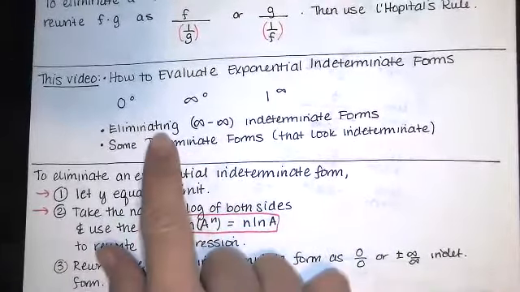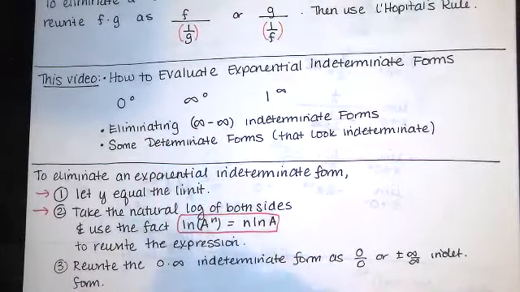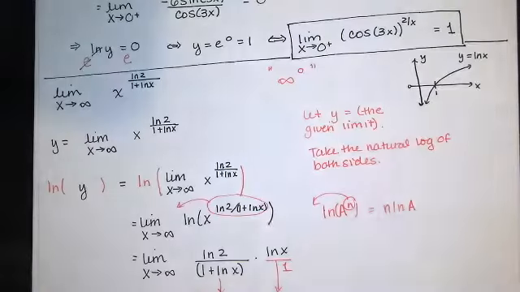Now the next type of indeterminate form is this infinity minus infinity indeterminate form. So let's look at a problem like that.